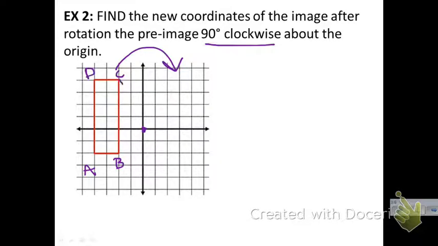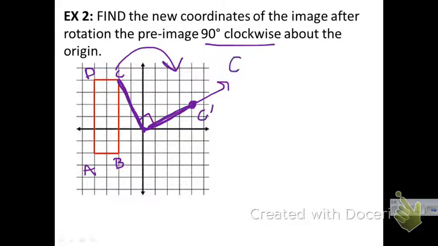And I'm going to look at C, and I know that I have to travel 90 degrees. So this is about 90 degrees, and this distance from here to the origin has to be the same as this distance here. So I can see that it will land about right there for C prime.